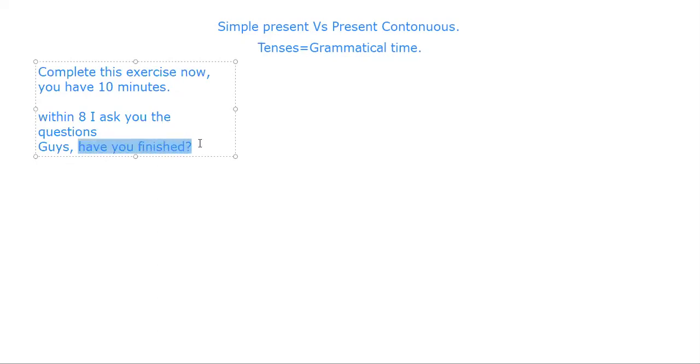So this is another tense. It's a different tense. We have around 13 tenses in English. I think it is 13 or 14, I don't remember very well. And not only is it a tense, it also implies an idea. Guys, have you finished? I am not asking you if you did it at a specific time.